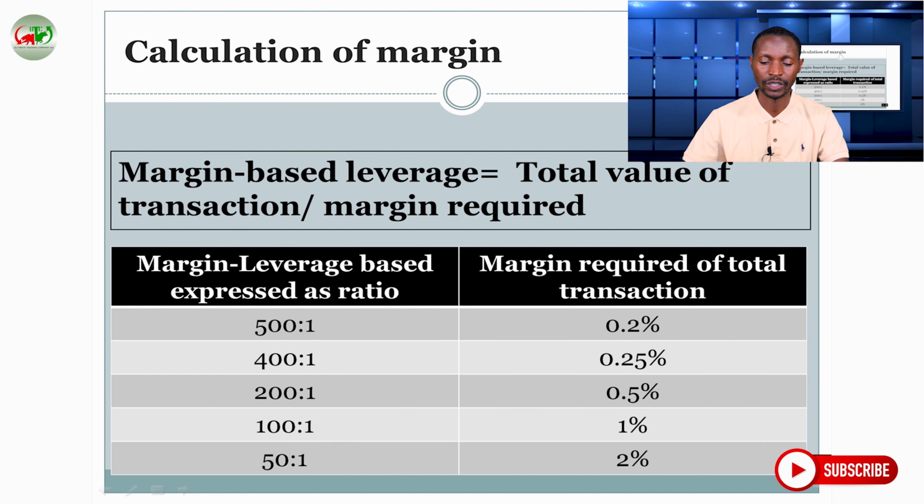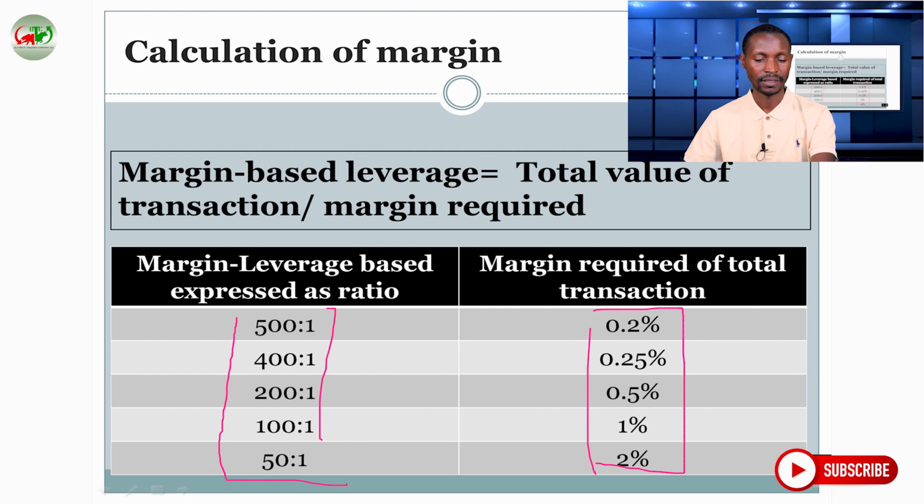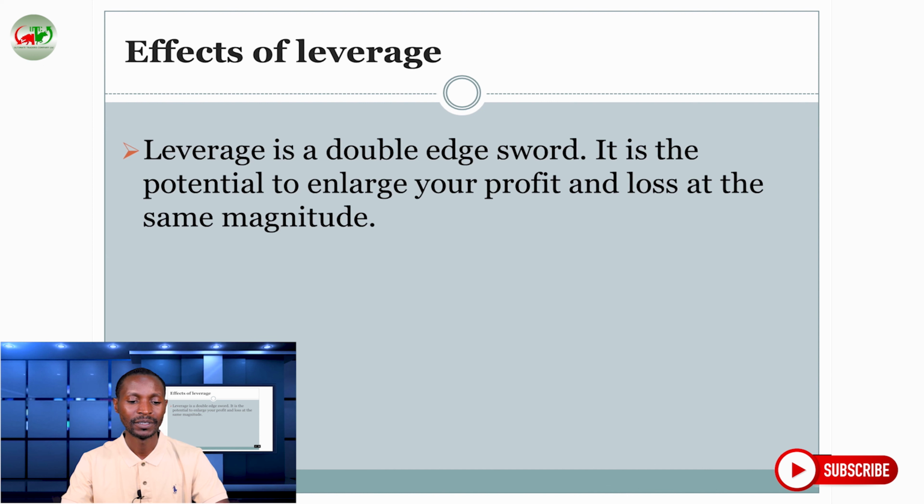To know how much you are going to risk from a particular trade, you must know the leverage which your broker is offering, and you can either write it as a ratio or as a percentage. Let's continue with our numbers and see the effects of leverage. Even though we have seen that leverage is good, that it gives you the ability to trade a very huge amount of money, it is a double-edged sword, because it has the potential to enlarge your profit and loss at the same magnitude.